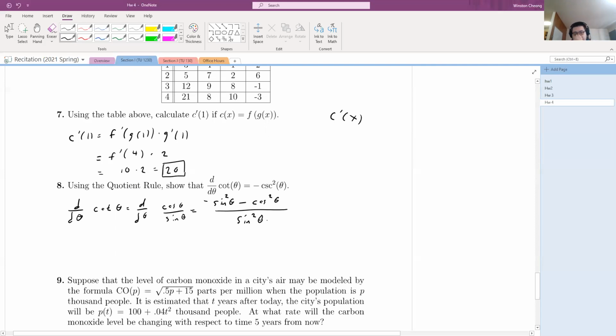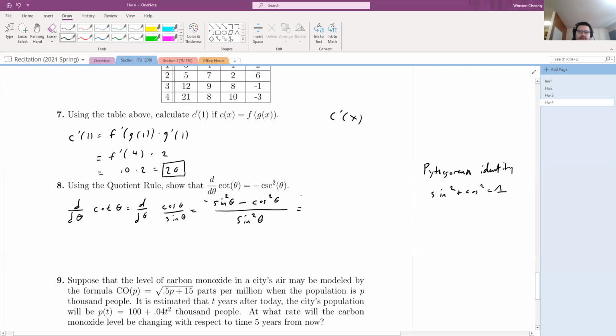Okay. And then you have to know the Pythagorean identity. In trigonometry, there's something called a Pythagorean identity, which says that sine squared plus cosine squared is equal to 1. So you see that you have sine squared plus cosine squared.